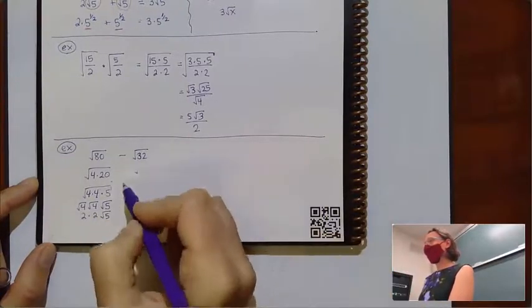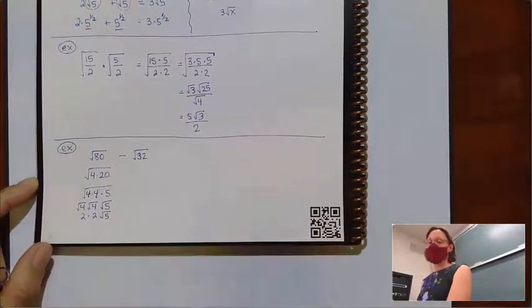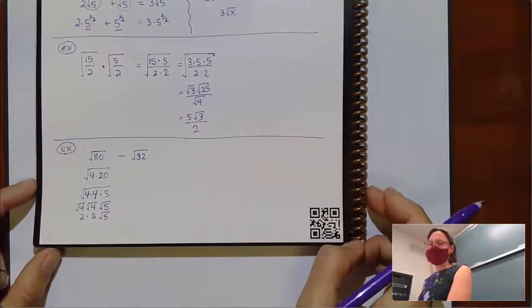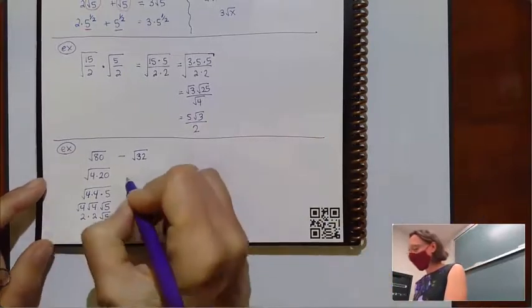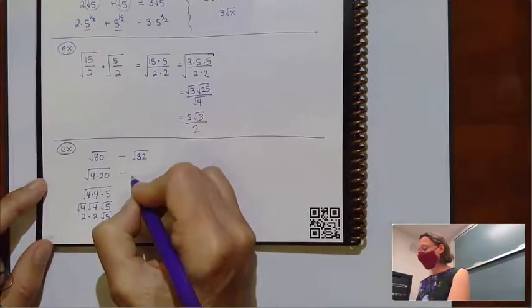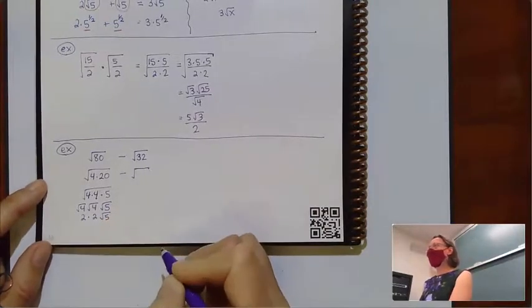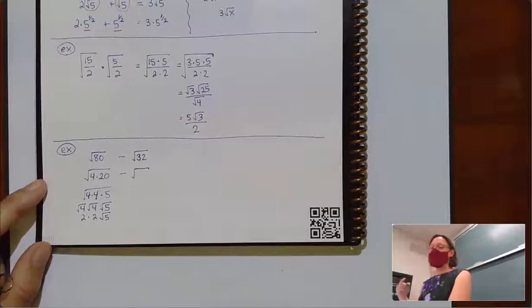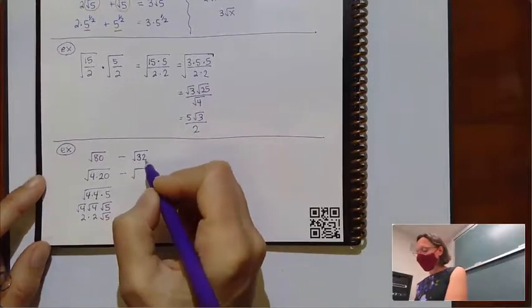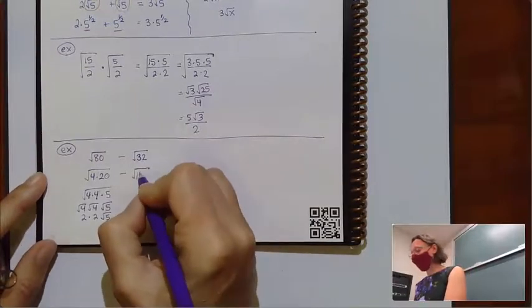Now I'm going to look at the 32 and look for something similar. Because I'm looking for perfect squares, I'm going to jump straight to 32 being 16 times 2.